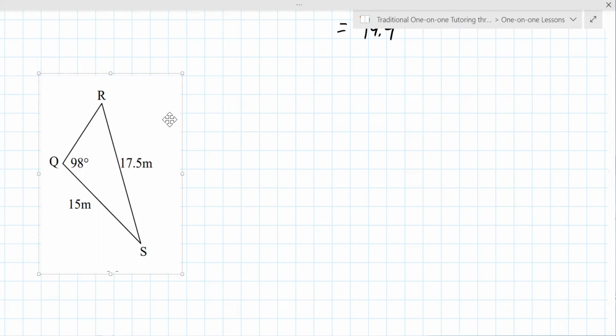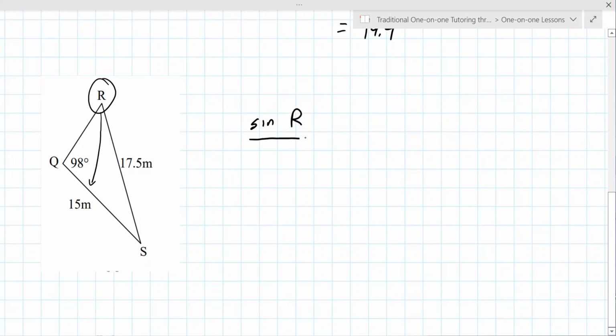So you have to decide. Actually, I take that back. You can only find R in this problem because you have the side across from it. My preference is always to put the sine, or the thing you're trying to find, in the top left.